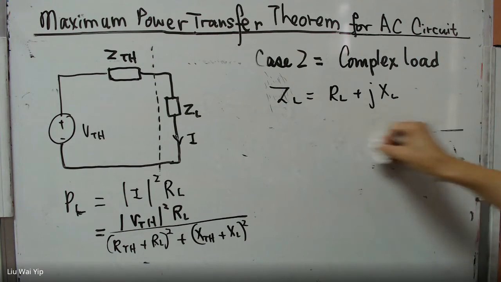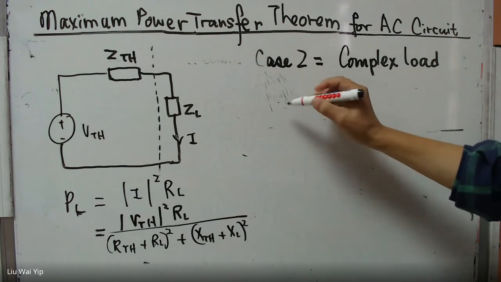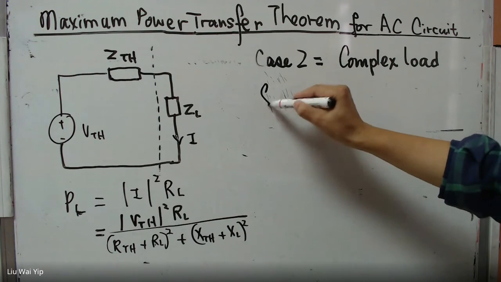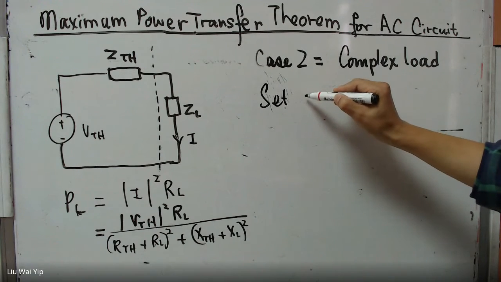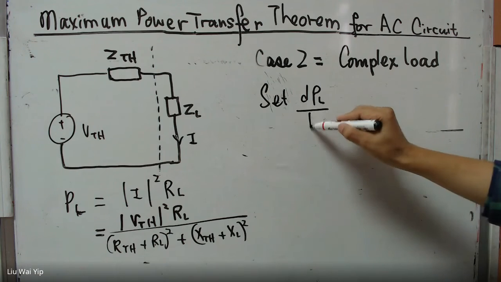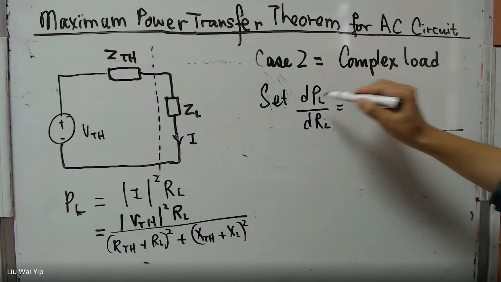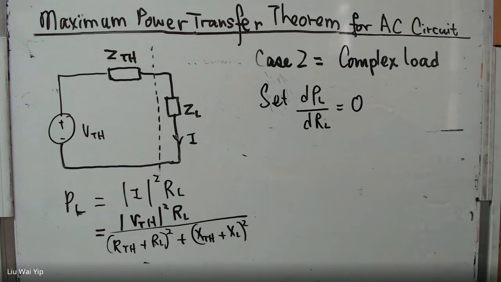So the first thing that we can do is to find a derivative of dPL against the XL, set it to 0.